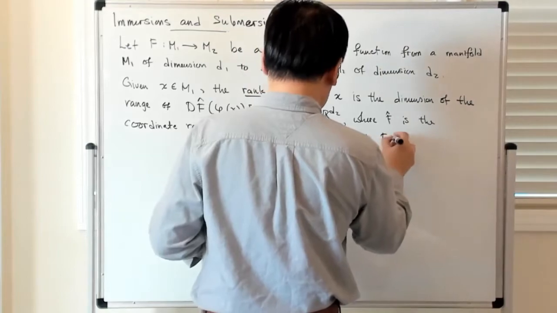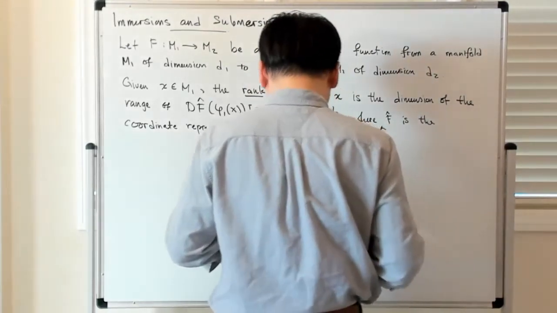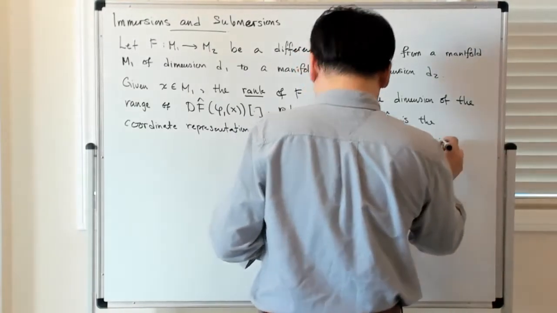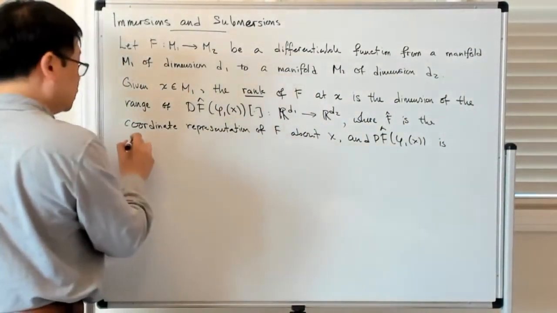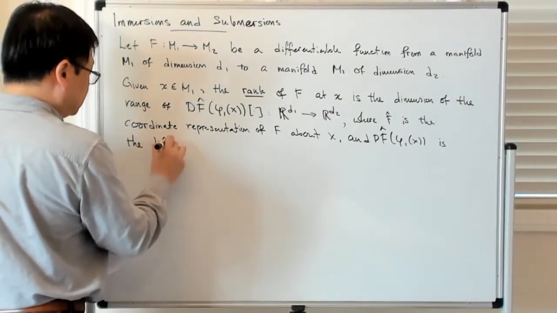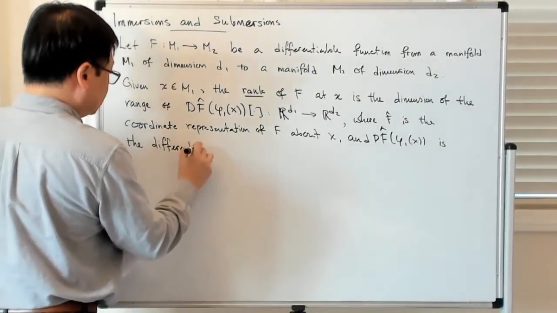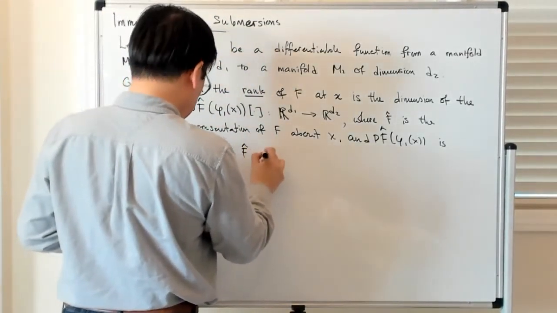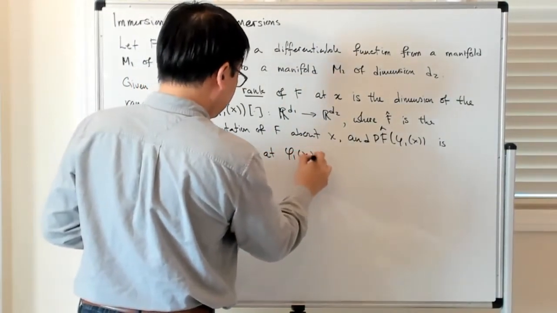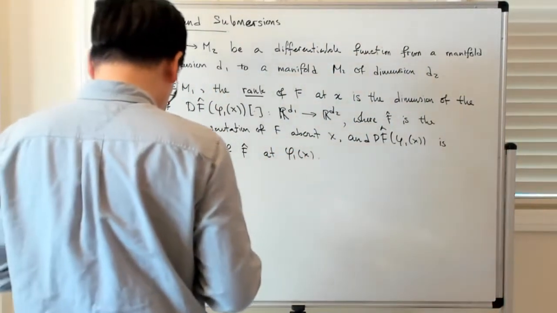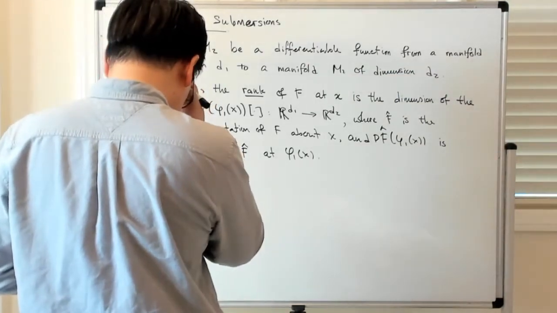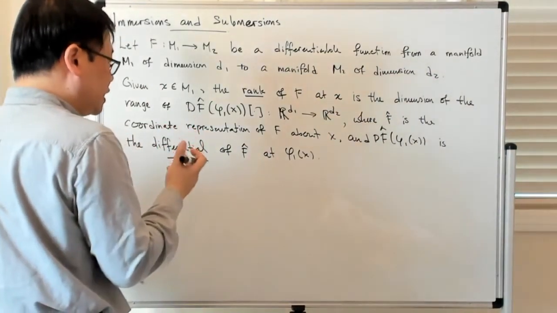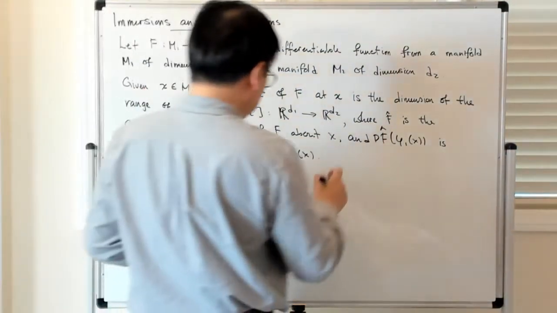And d f hat at this point is the differential of f hat at the point phi 1 of x. Okay, and the point is that the notion of rank is again independent of the choice of coordinate chart.